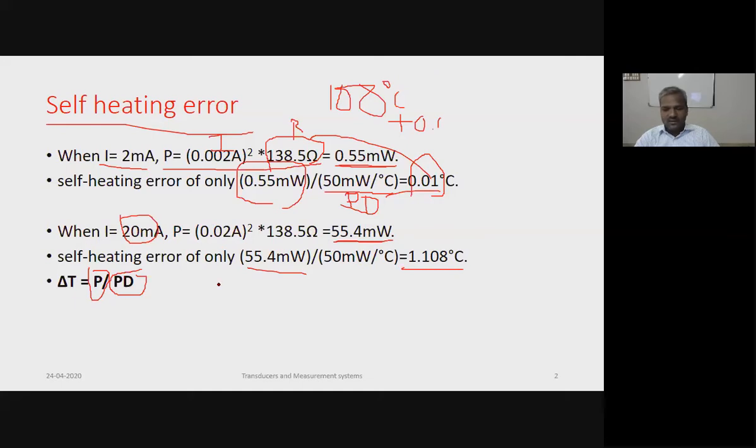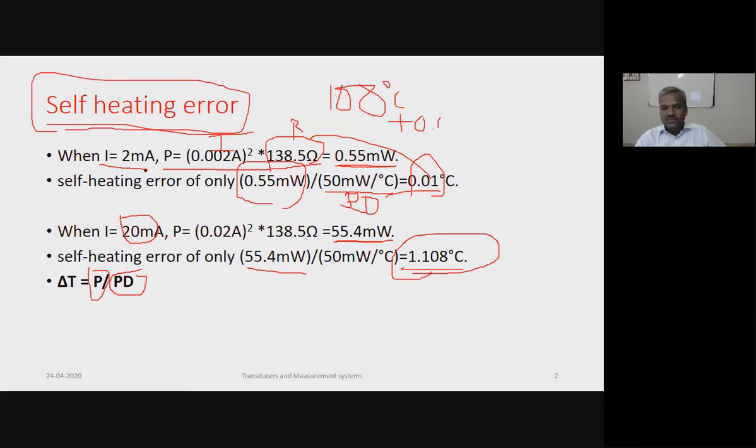What can we infer from this calculation? If we excite with more current, there is more dissipation and more temperature error in the measurement. So how to reduce this error?